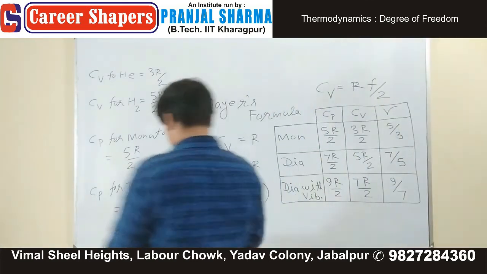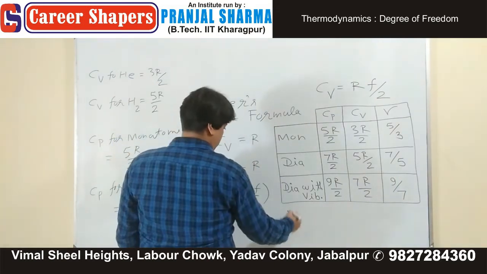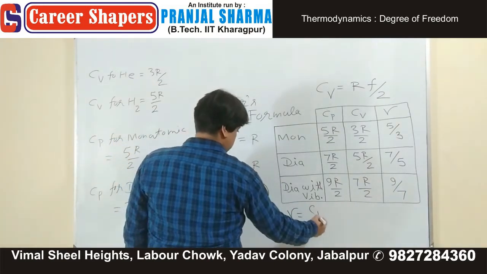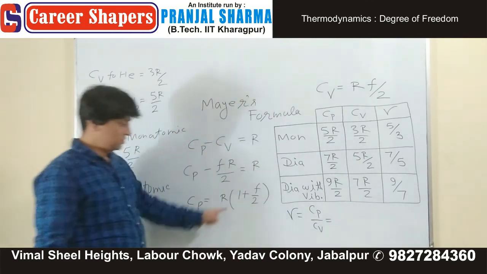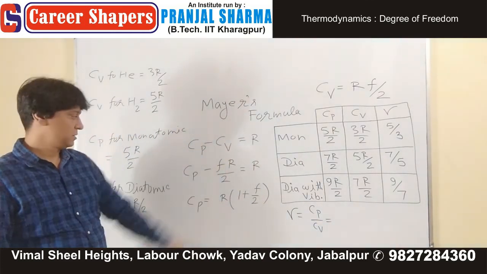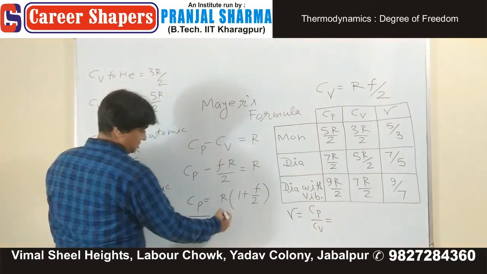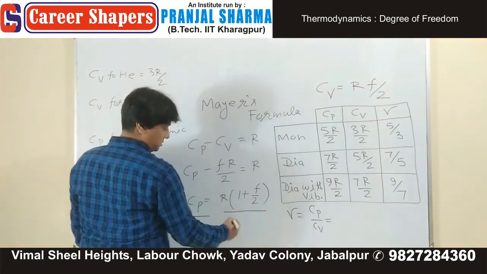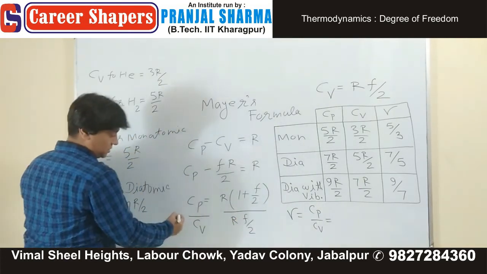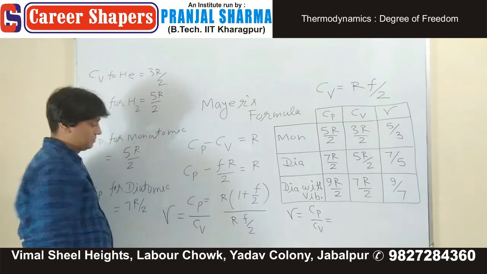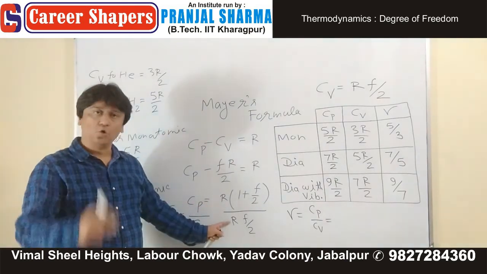Good. First correct answer. What is gamma? Cp upon Cv. This is Cp. Divide the Cp with Cv. This becomes gamma, Cp upon Cv. R cancelled. Now do what?